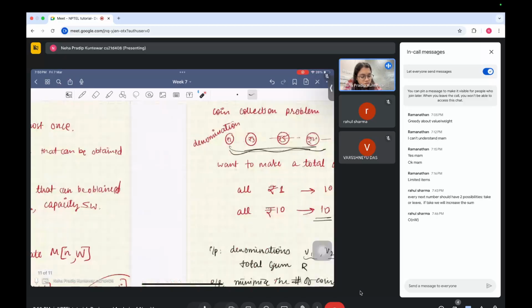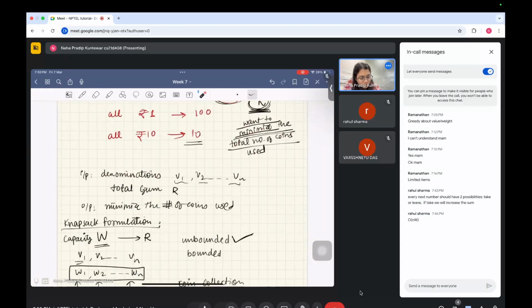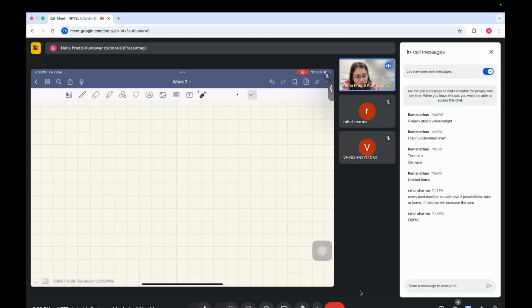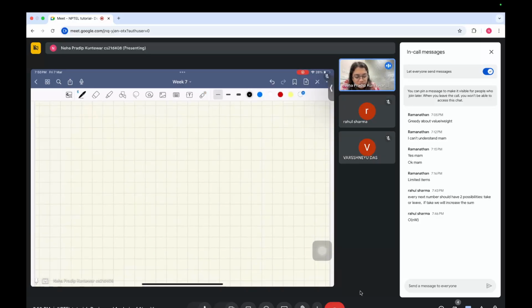A few resources, the same references that I've been pointing out throughout each week. Papadimitriou, Dasgupta, the book called Algorithms.